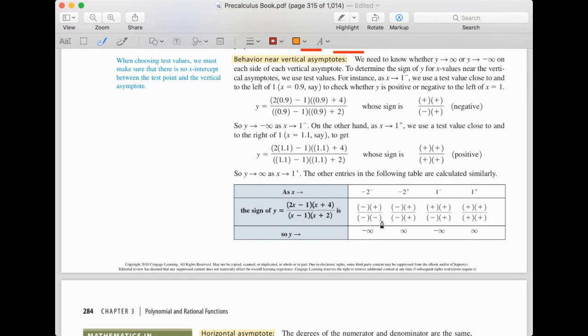So we get the first situation. Then from negative 2 above, right? Think about negative 1. Negative 1, this will be negative, this will be positive, this will be negative, this will be positive. So we get the second situation. Then think about a value in between those two. Maybe 0, right?